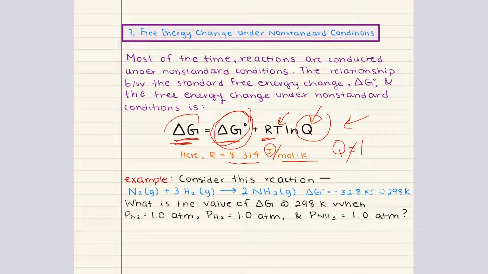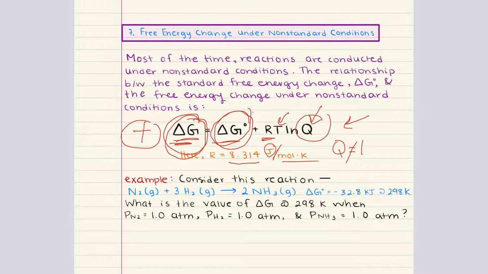If delta G is negative, then the reaction will move forward spontaneously towards equilibrium. If delta G is positive, the reaction is non-spontaneous in the forward direction under those conditions.